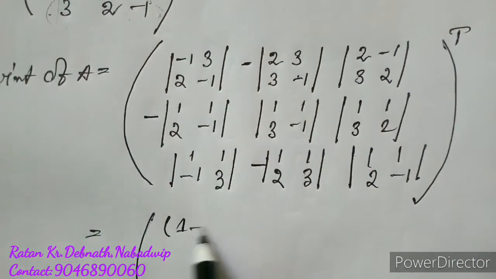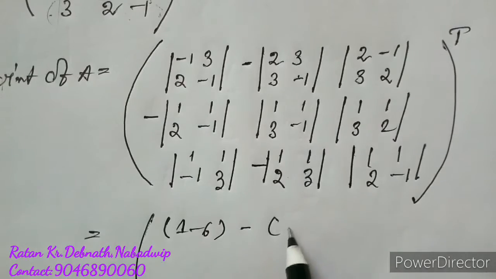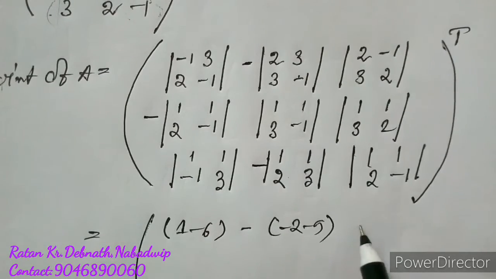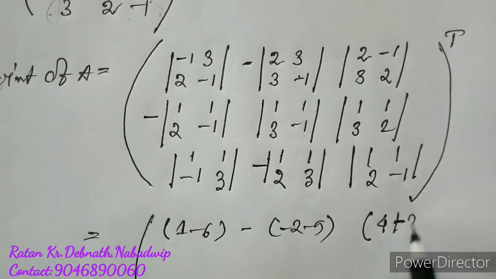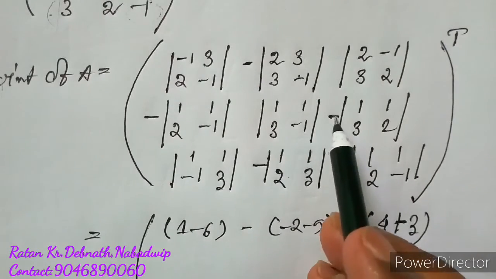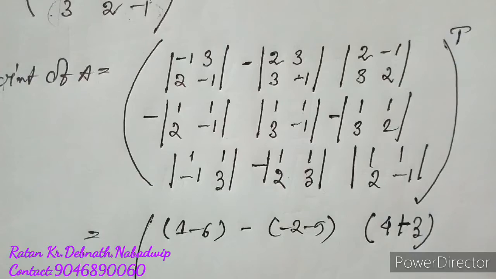Now 1 minus 6, minus of minus 2 minus 9, 4 plus 3, this symbol will be negative.